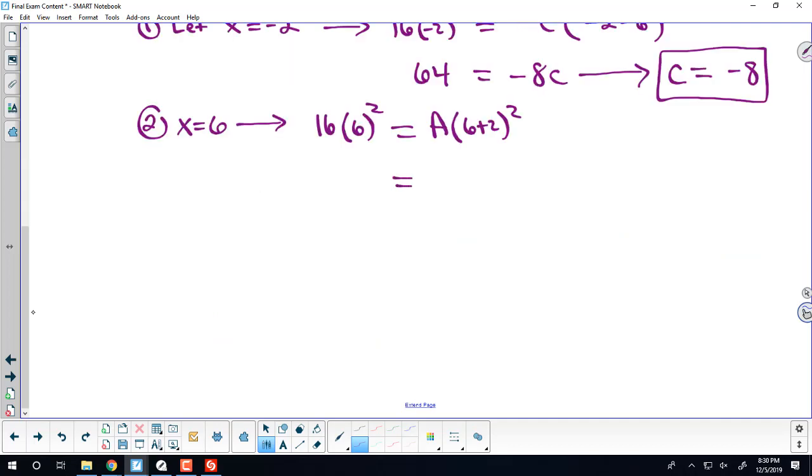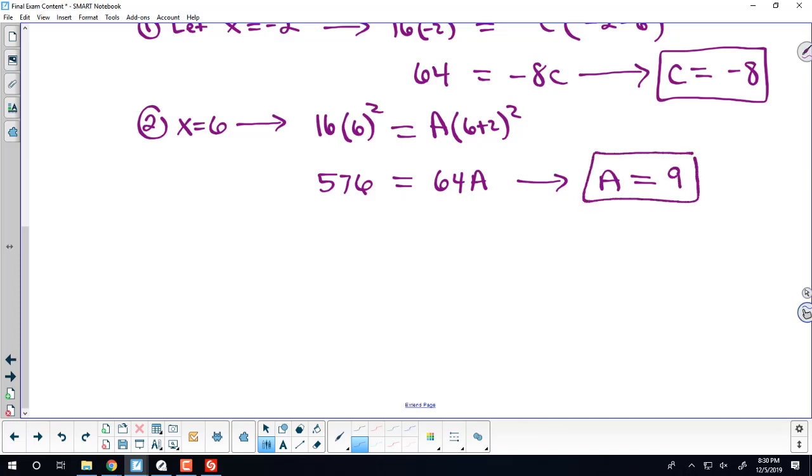So we've got 576 equals 64a. And that's 576 divided by 64. What does that give us? 9.